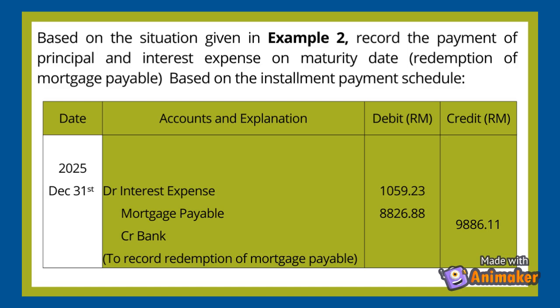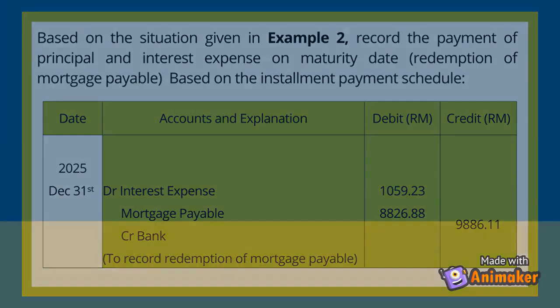The journal entry on 31st of December 2025 will be debit interest expense 1,059 ringgit and 23 cents, debit mortgage payable 8,826 ringgit and 88 cents, and credit bank 9,886 ringgit and 11 cents. The explanation for this journal is to record redemption of mortgage payable.